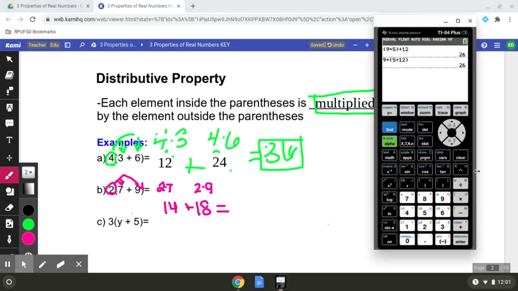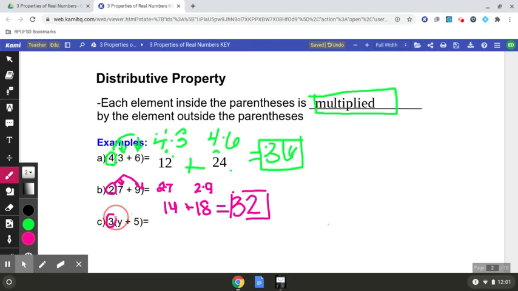Okay, if I add those together, 14 plus 18 is equal to 32. And notice I'm able to add these together, the 12, the 24, and the 14 and the 18, because they're like terms.